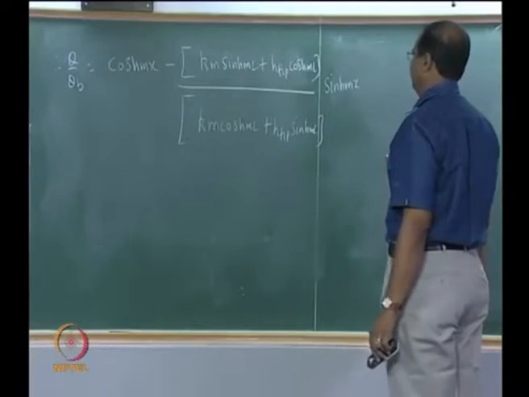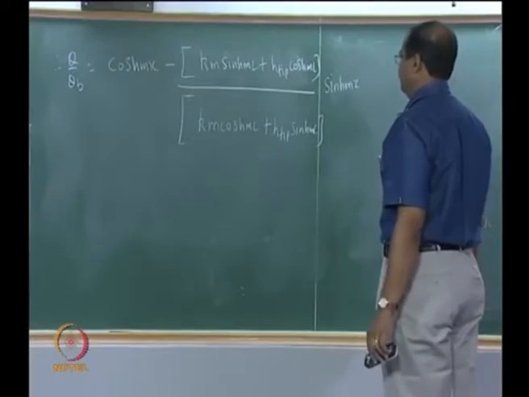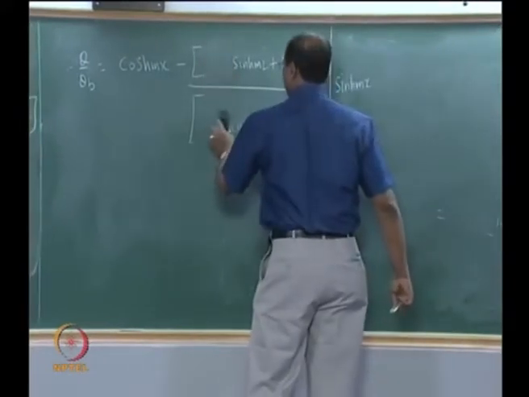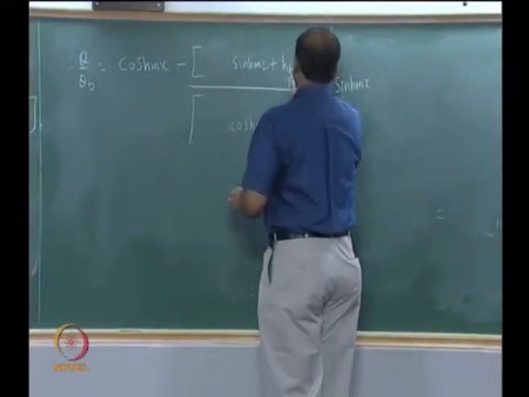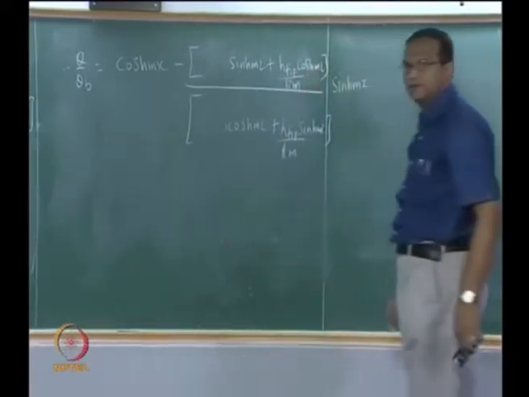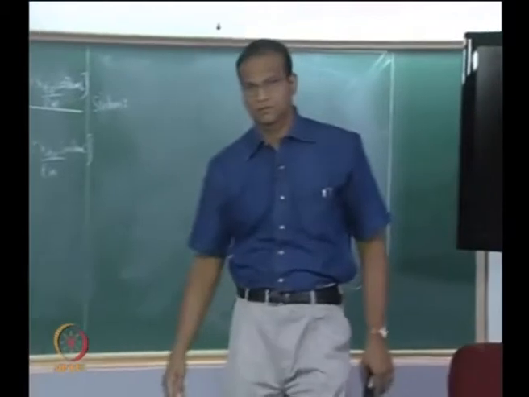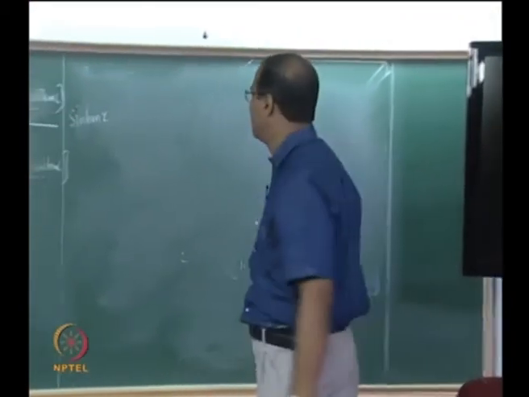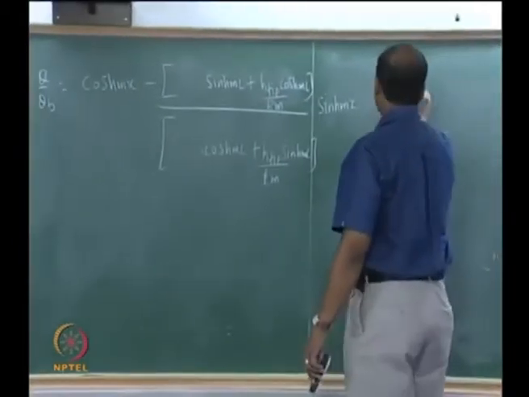Now, any objection? Is it fine? I remove the Km from both the numerator and denominator. Now I can cross multiply.